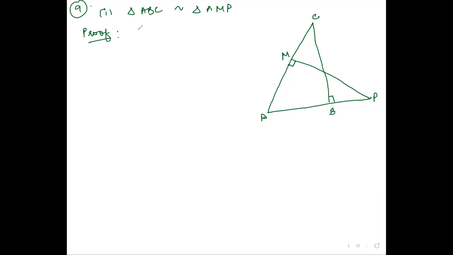So we take the two triangles which we want to show similar, triangle ABC and triangle AMP. First, see what is ABC and what is AMP.